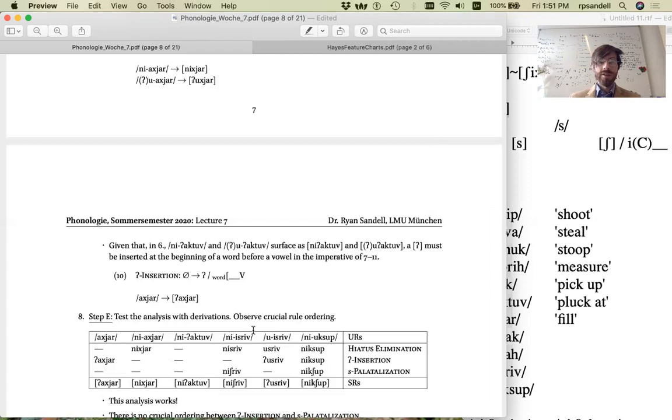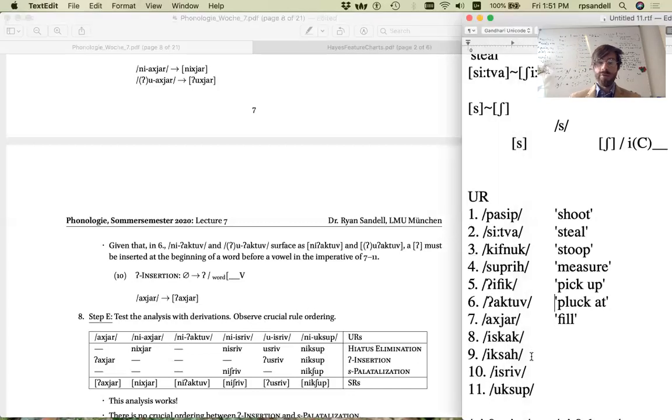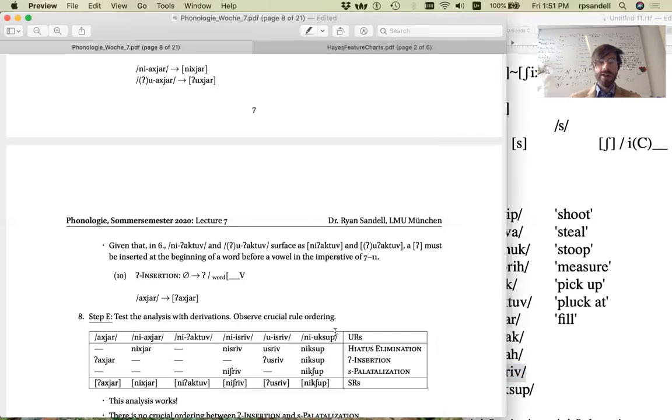In the underlying form for row number 10, isriv, in the first singular, hiatus elimination in this case deletes an underlying e, giving us nisriv, from underlying ni, isriv, and later s palatalization will give us nishriv, since the s is preceded by an e.